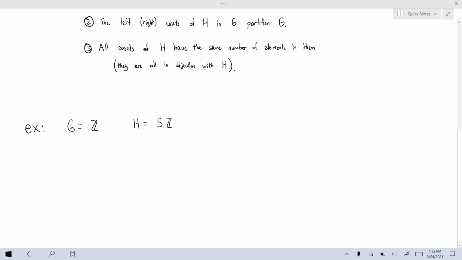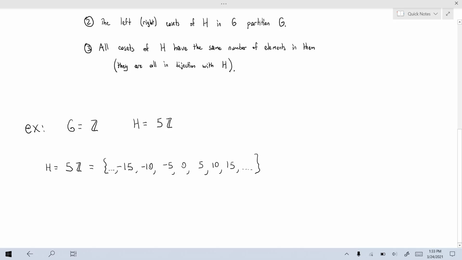Okay, so let me list all the elements of H right now. All integer multiples of 5: negative 15, negative 10, negative 5, 0, 5, 10, 15, and so forth.